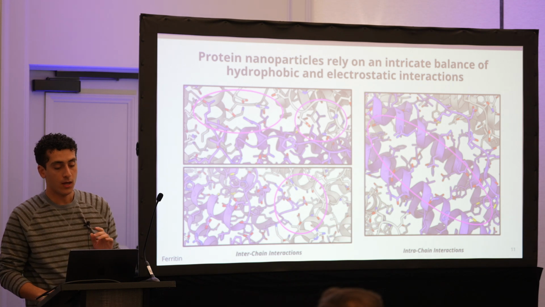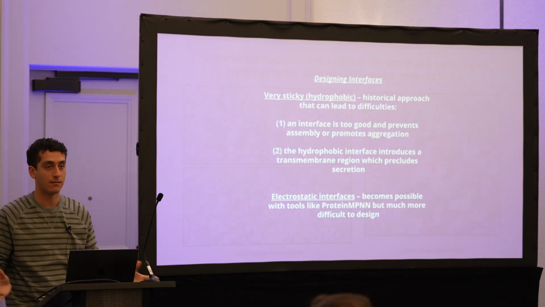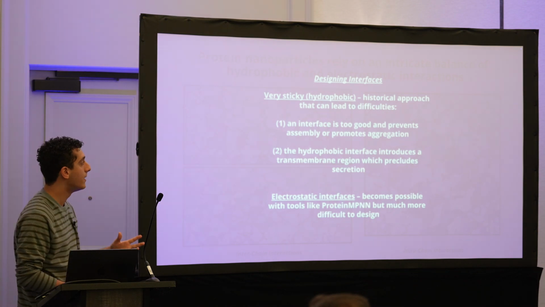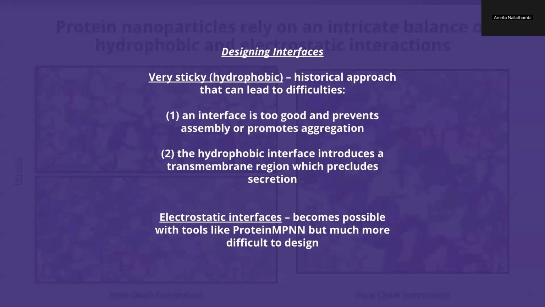And so what we've learned throughout the design history of the past decade or so is that we tend to design very sticky, very hydrophobic nanoparticle interface interactions. There are two big problems with this. One, if it's really sticky, it's easy to envision that things are just going to come together, right?